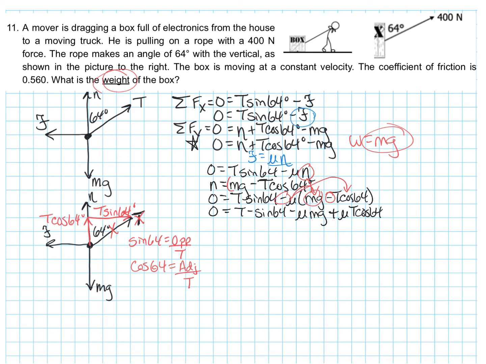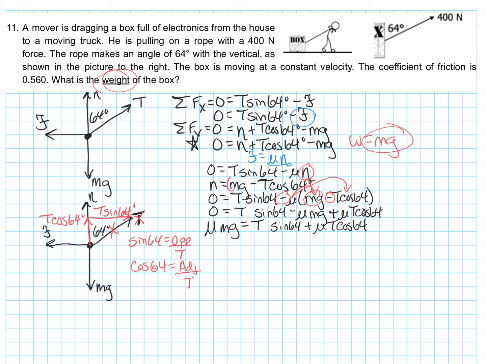Now I've got to take my mu mg and bring it over to the side of the equal sign all by itself so I can isolate it. So I'm just going to move it over by adding it to both sides. So that'll be mu mg, and that equals everything that's left. T sine 64 plus mu T cosine 64.